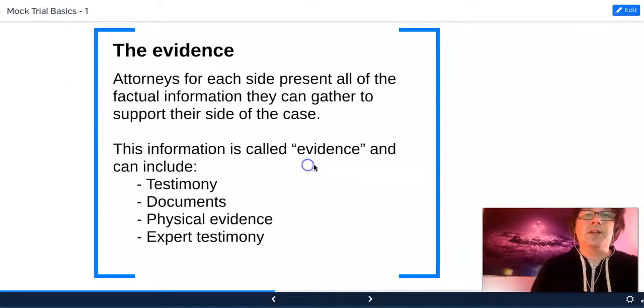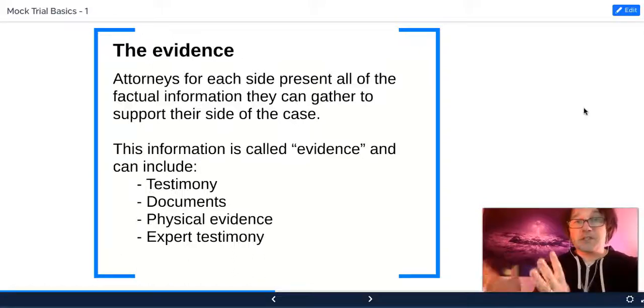So what makes up evidence? What is evidence, right? Attorneys for each side will present all of the factual information that they can gather to support their side of the case. This information that they gather is called evidence, and it can include testimony from witnesses, eyewitnesses, and expert witnesses.